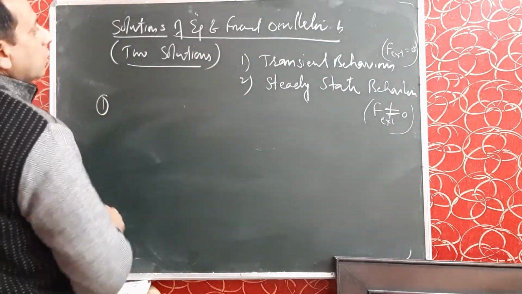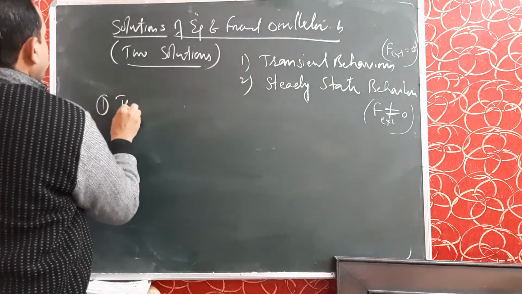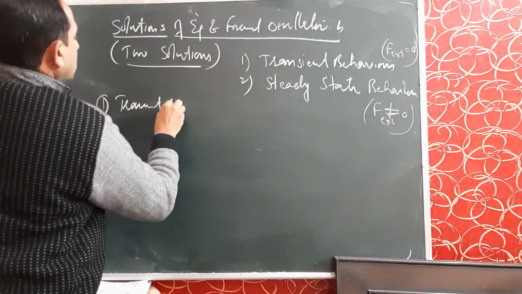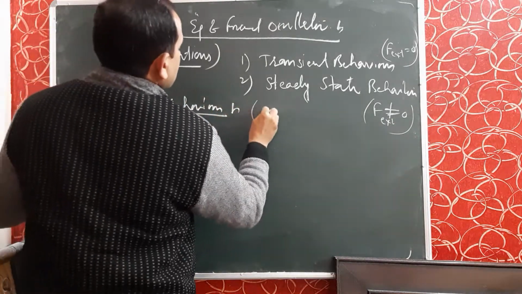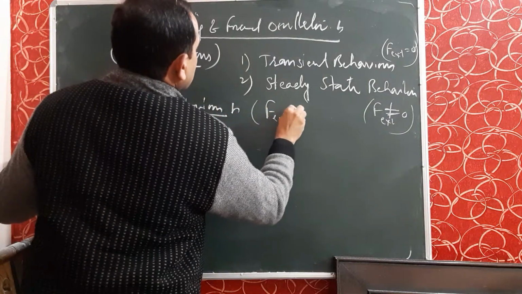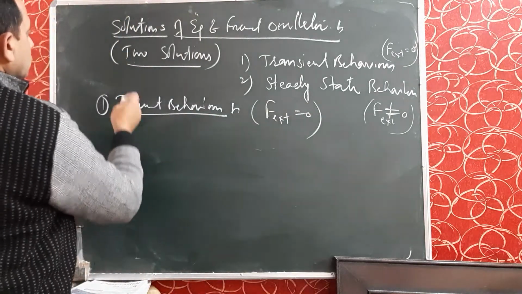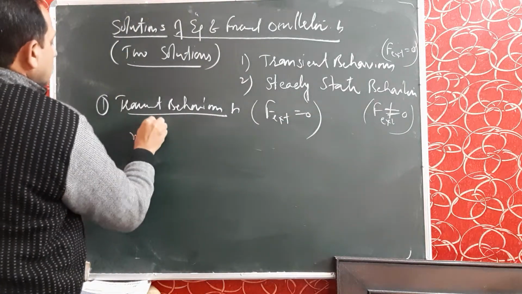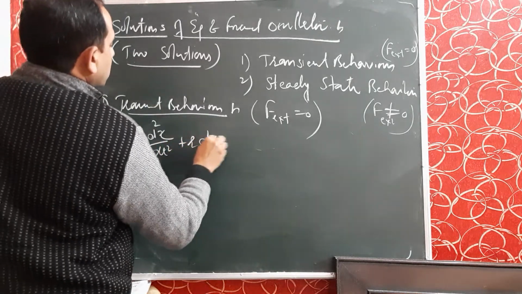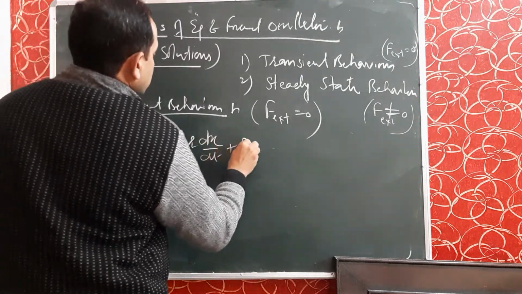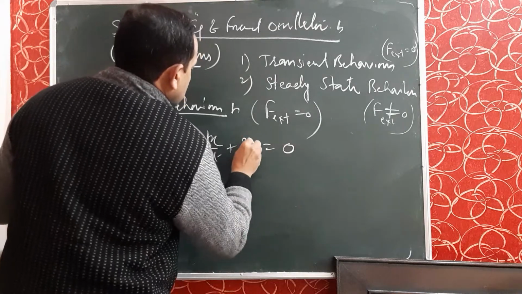First we will solve the transient behavior. In this case the external force is 0. So the equation will become m d square x upon dt square plus r dx by dt plus sx is equal to 0.